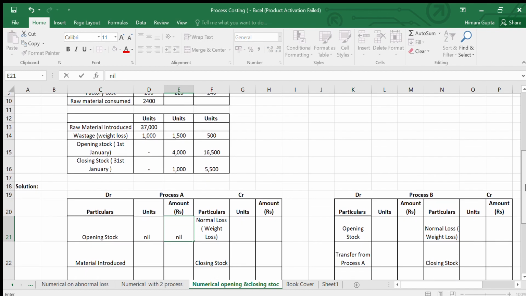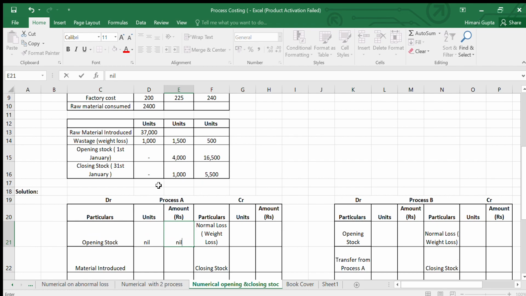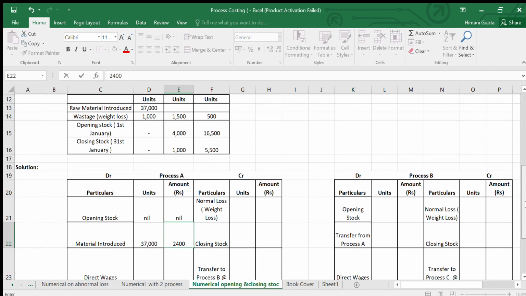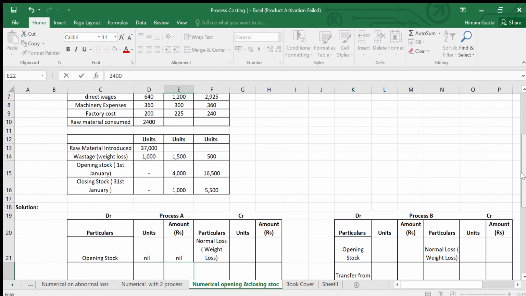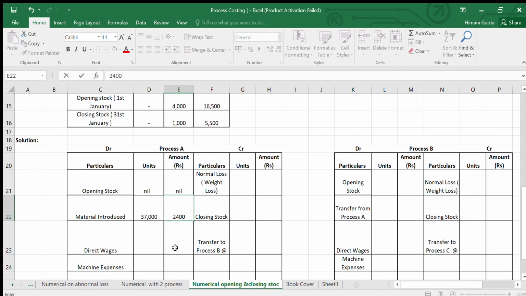Let's move further. Material introduced. See the question over here. Raw material introduced is 37,000 units. So in units, I'm going to write 37,000 and amount is given to be 2400. Moving further. Direct wages are given over there, 640.